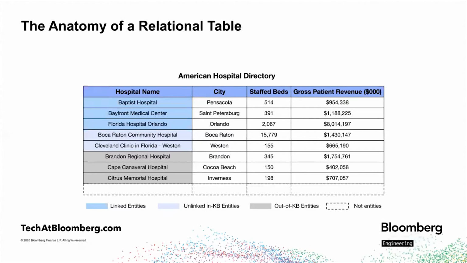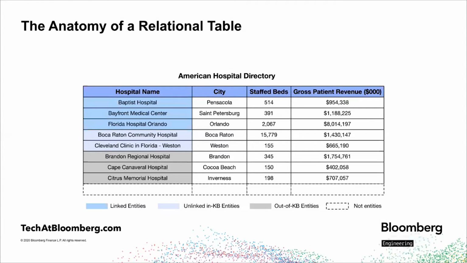So here is what we did. Using an existing entity linker, we try to link mentions in the key column, and the blue ones we call linked entities. Using the linker, we successfully link part of the mentions to the KB.